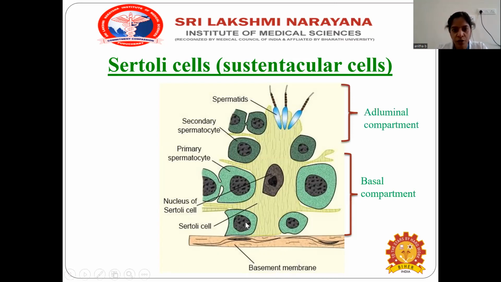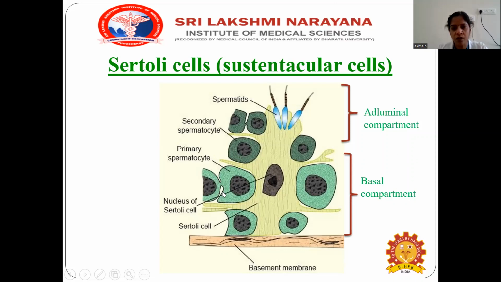See in between what you can see: these are the spermatogonium. Then we have the primary spermatocytes, which give rise to secondary spermatocytes. Spermatids are there. Here you can see up to the primary spermatocytes, spermatogonium, primary spermatocytes, we have the lateral process.